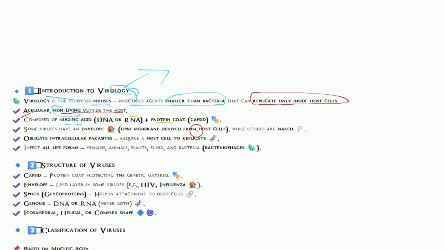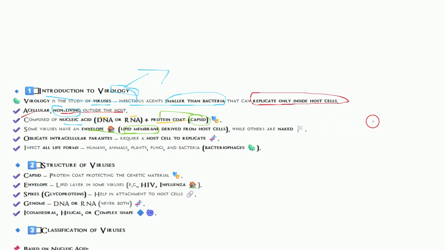Some viruses have an envelope. Outside this capsid, there is a layer made of lipid membrane. Very important: the capsid is made up of protein, while the envelope is made up of lipid membrane, and these lipids are derived from the host cell, right?